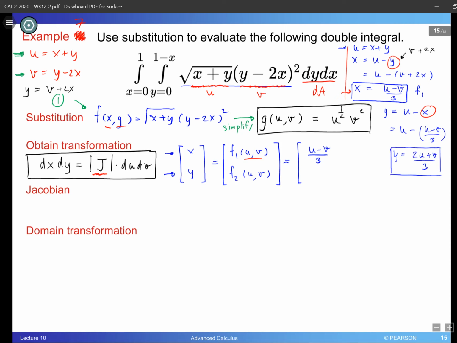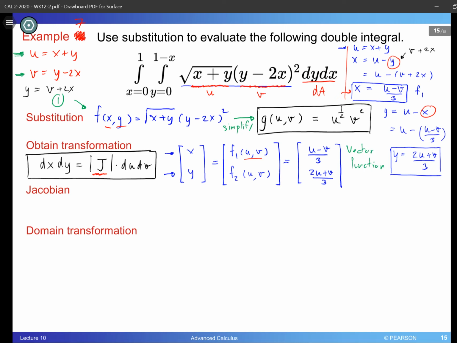Okay, so y is equal to 2u plus v over 3. And there you go, we have the complete vector of the two functions. So you can say that this is the vector function that we need in order to find the Jacobian. Vector function, and we got it from the two subs that we assigned earlier.